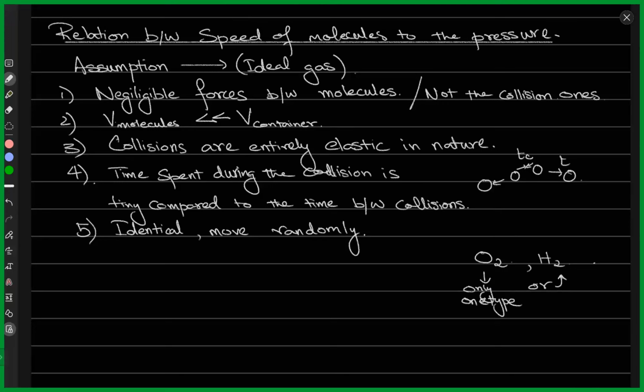It's clear? Sir, only oxygen and hydrogen? No, there can be more. What I'm saying is that, of course, there are so many gases, right? We have helium, we have argon. I'm just saying that it would be only one type of gas that we're talking about, either oxygen or hydrogen or helium or argon or any other type.